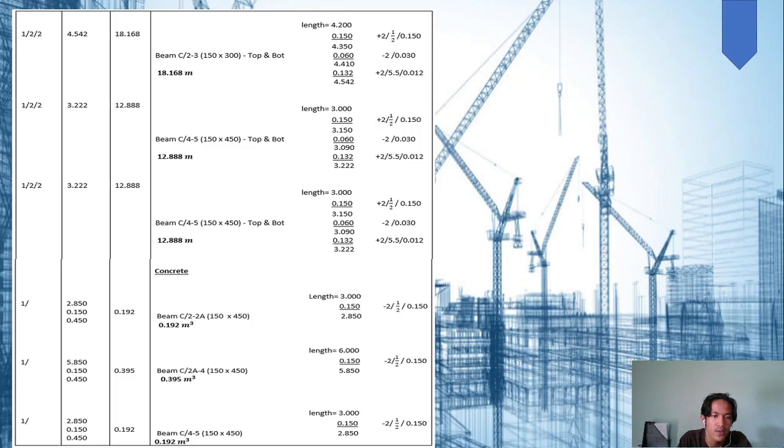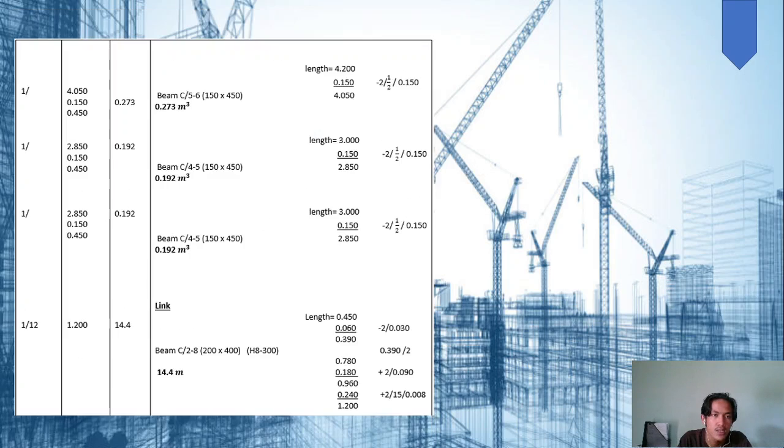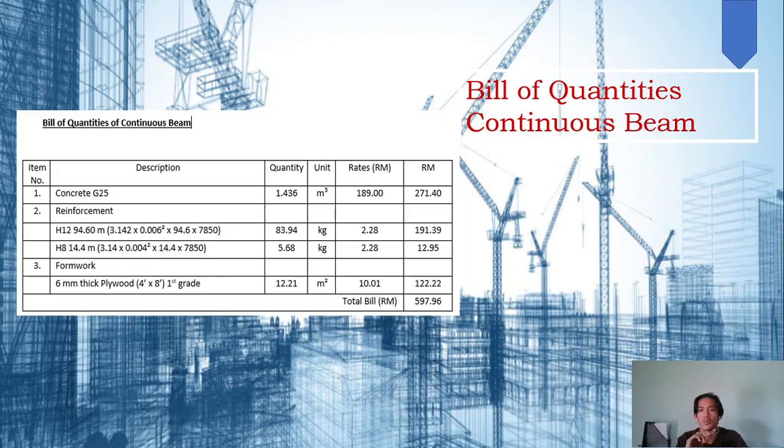And then for the concrete, we calculate all the concrete, and then we will sum up at the bill of quantities in the next slide. And then for the link, we get the total value of 14.4 meter.